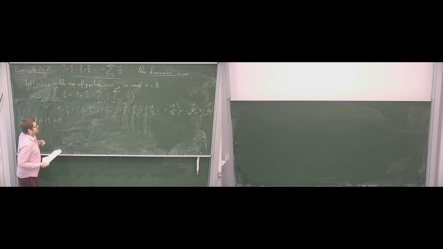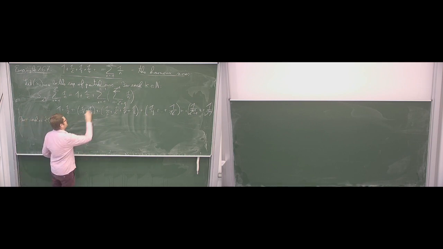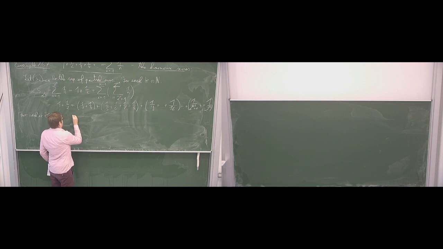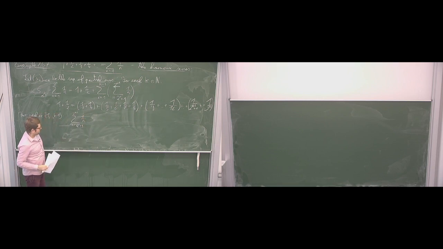So for each i, we want to estimate the sum in the parentheses. So we take a look. n goes from 2 to the i plus 1 until 2 to the i plus 1. Of course, with n becoming bigger, the fraction here is getting smaller.